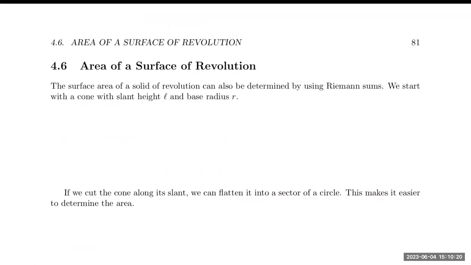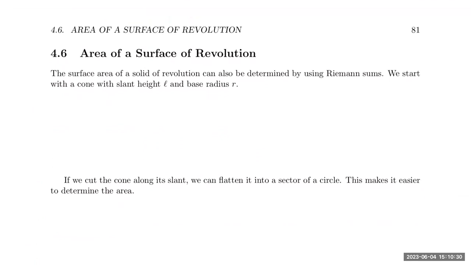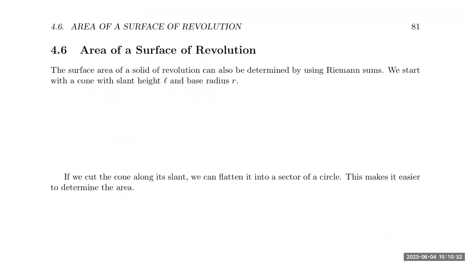So the surface area of a solid of revolution can also be found by using Riemann sums. So let's start by considering a cone with a slant height L and a base R. So we have L. So this is our cone. And we have the interior.